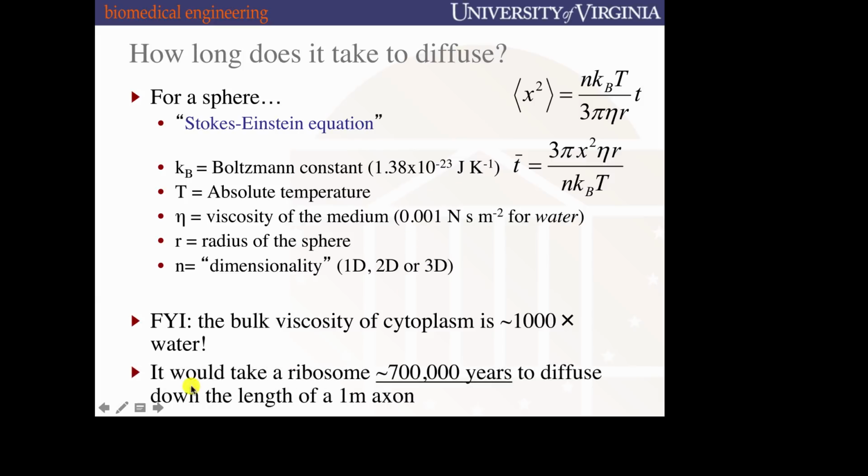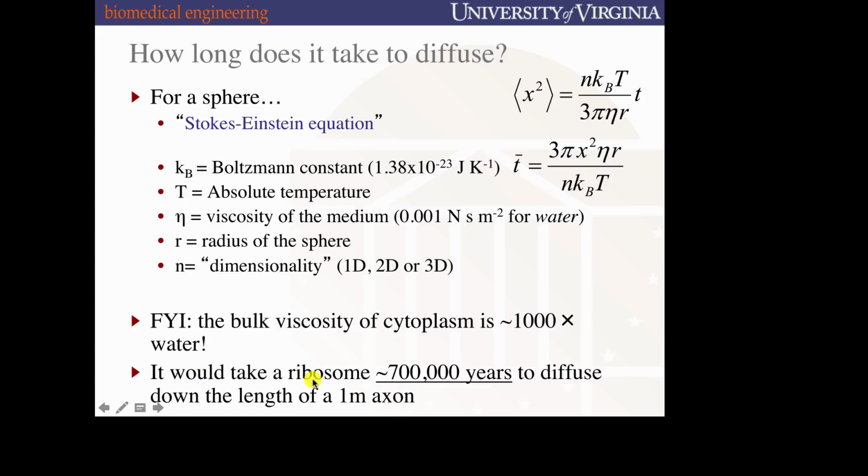So if we do a calculation of the diffusion, and the mean displacement of a particle along the length of what is a fairly average axon, about 1 meter, that's going from your brain stem, let's say, to a muscle that it wants to stimulate.